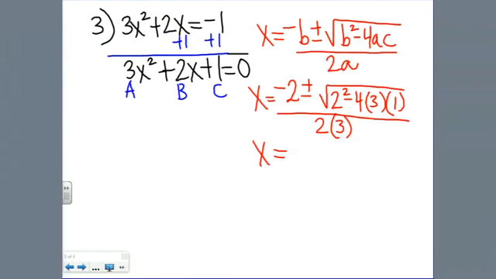Focusing on the stuff under the radical, let's find the discriminant. So 2 squared is 4. And when we multiply the last 3 numbers, we get negative 12.